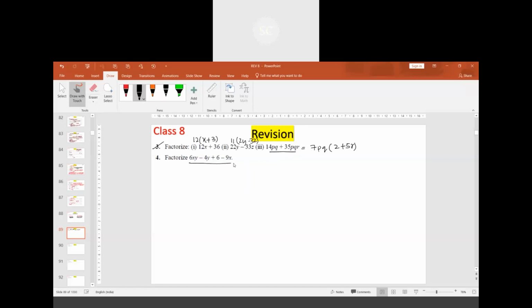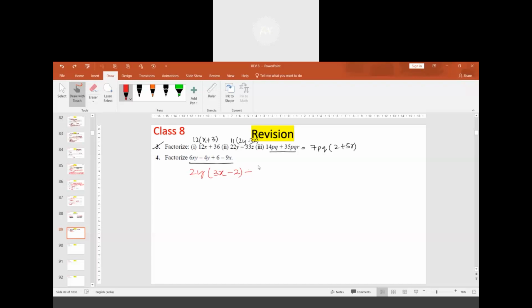In this question we have to rearrange the terms, or we can take by grouping. 2y is common, so we get 3x minus 2. 3x minus 4 plus 3 as a common.